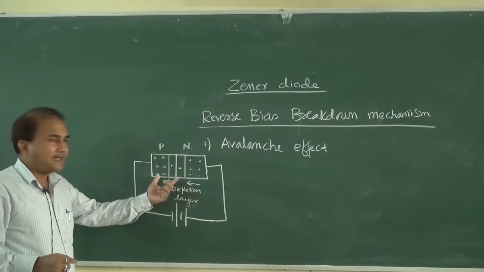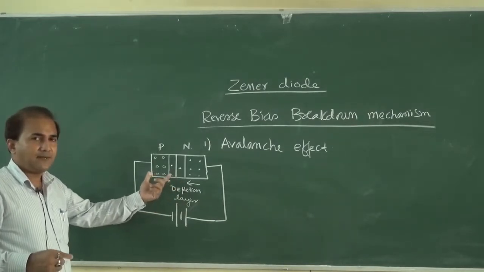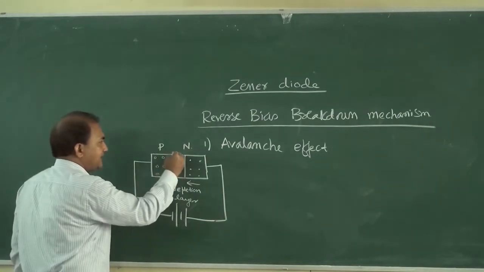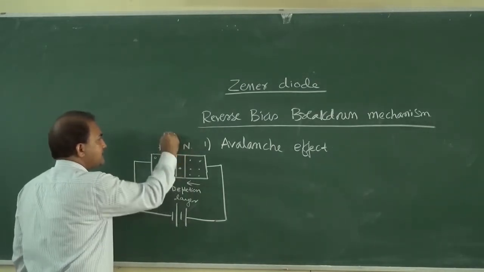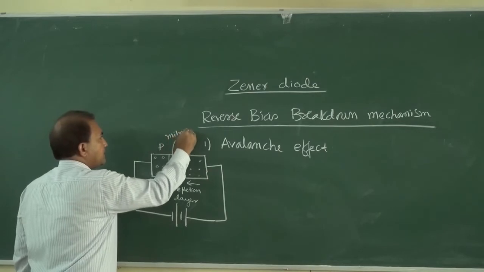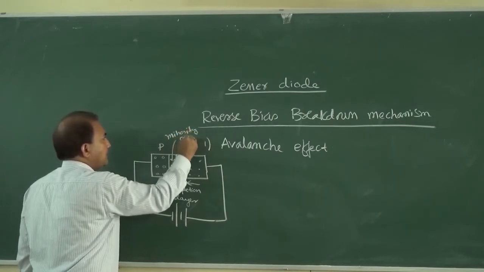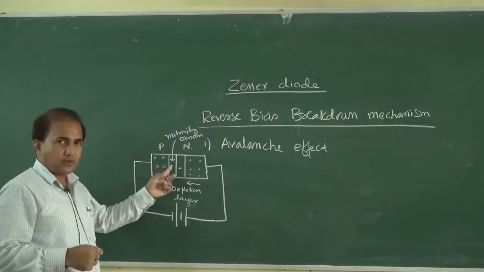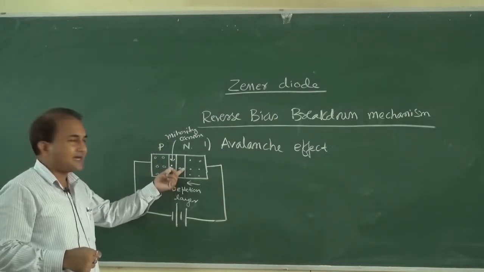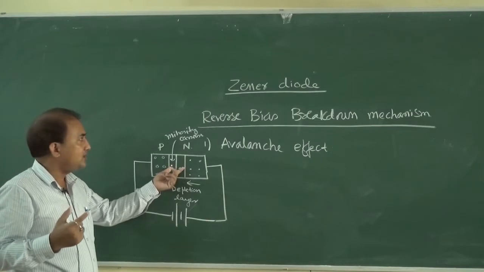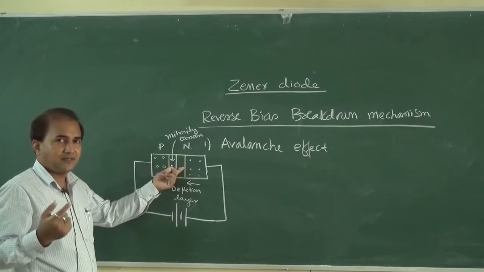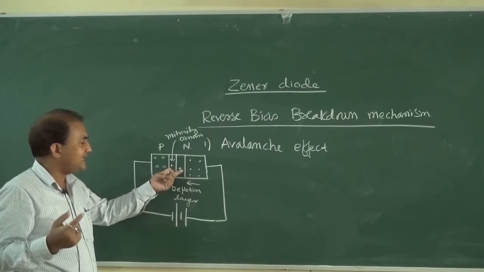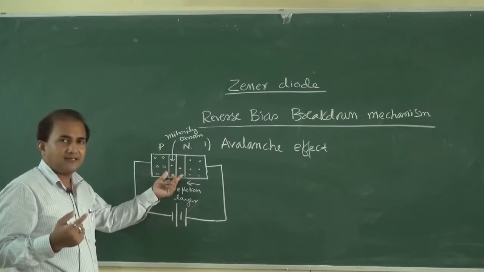With the increase in temperature, or even at room temperature, some minority carriers, electrons and holes, are generated in the depletion layer.